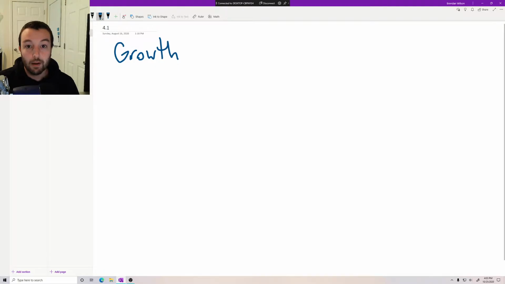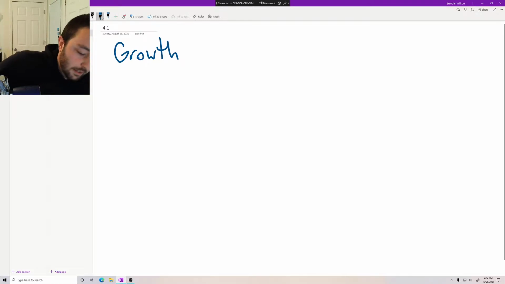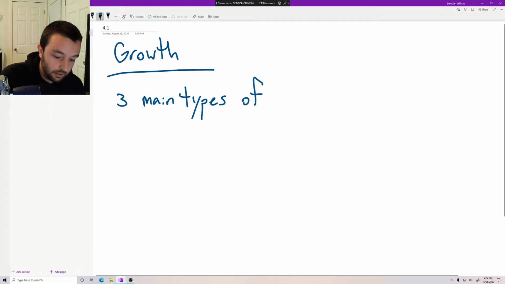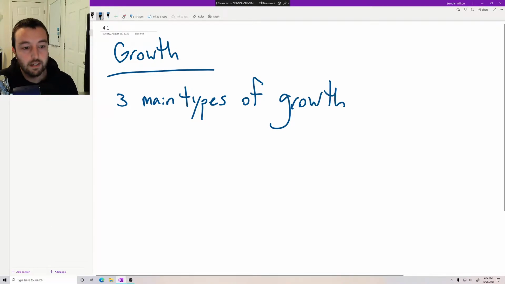Like how does human population grow versus how do animal populations grow versus how do bacteria populations grow, right? There's going to be some different answers there. So in general, there are 3 main types of growth.